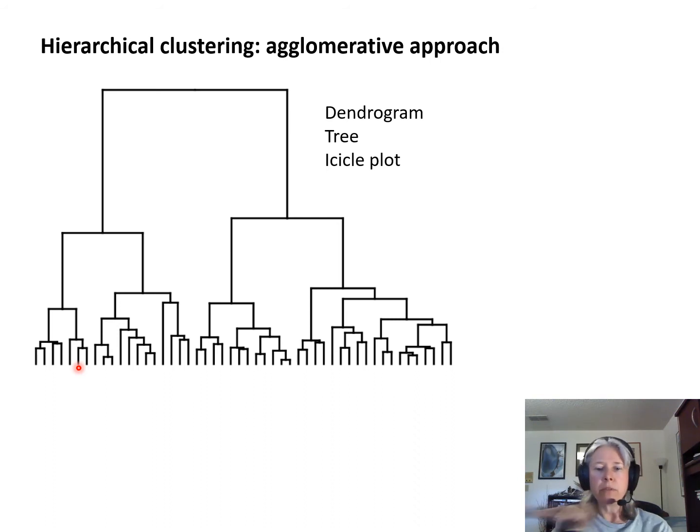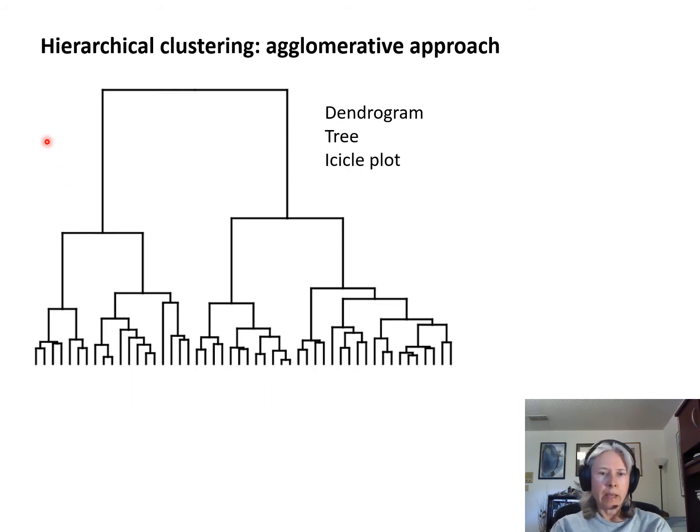Okay, so this axis means nothing to an icicle plot. This axis is the one that we're looking at. So what you have here is all of these sites down here on the bottom, and you see these are fused here. This is a node, and then where they're fused again, there's a node, and here's a node, and here's a node, and so on and so forth.